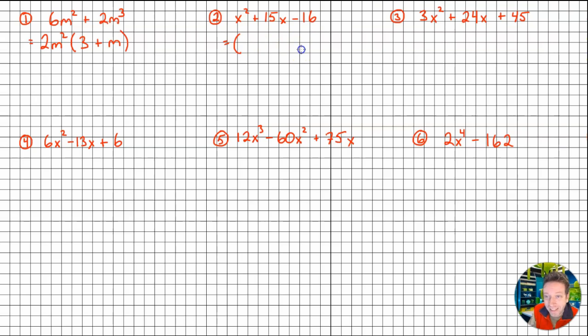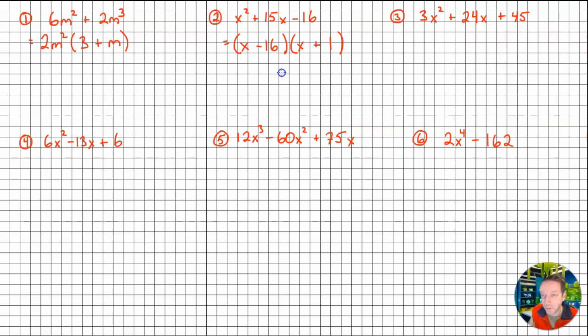So we're going to write it like this with 2 brackets. We're going to put an x in each. And then what are our 2 numbers? You have to think of some. Right, so let's try, for example, negative 16 and positive 1. Those multiply to give you negative 16, but do they add to give you positive 15?